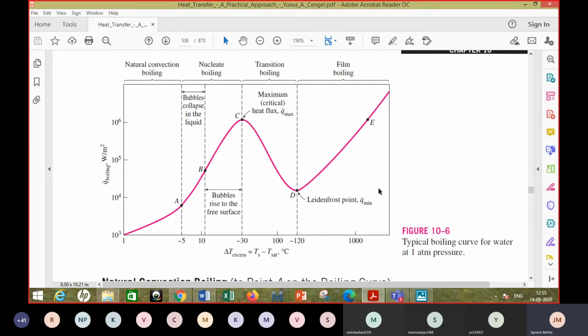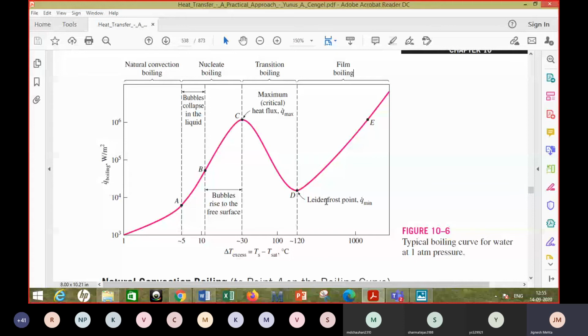The higher the temperature you go, the higher the heat fluxes you can get, but then there will be a limit to it, because you are using some solid material, metal, and it has some limitation, right? Because of that, you may not be able to go beyond a certain point, because the metal will start melting. Okay, so this is about the whole boiling curve.